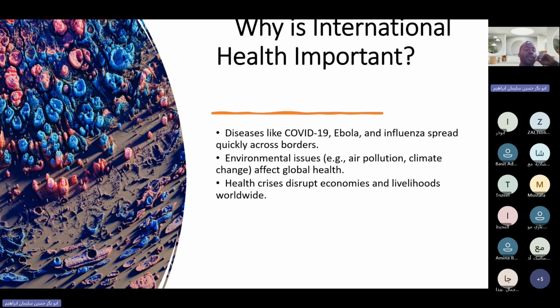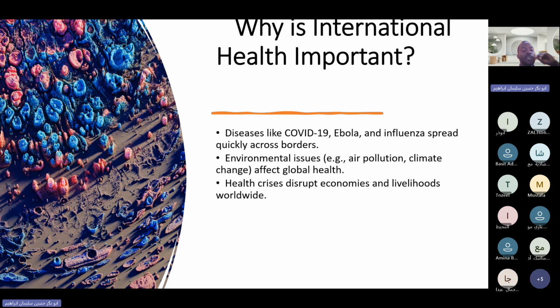Additionally, another example of a global crisis is air pollution, which affects health across the board. As you see right now, the majority of the air pollution comes from three countries: USA, China, and India.